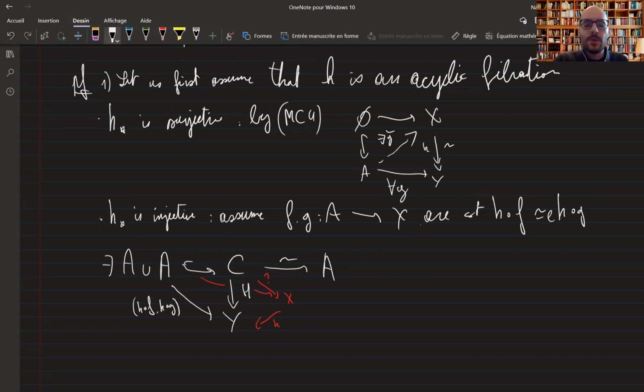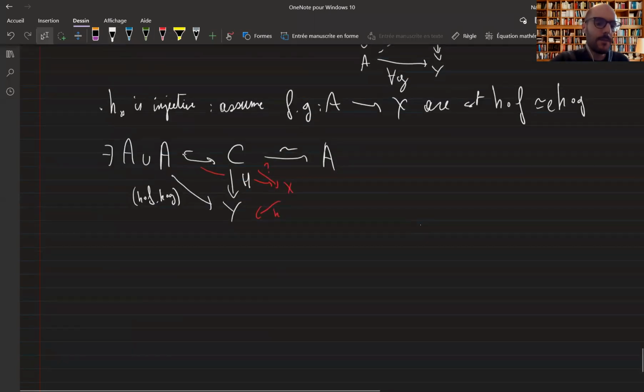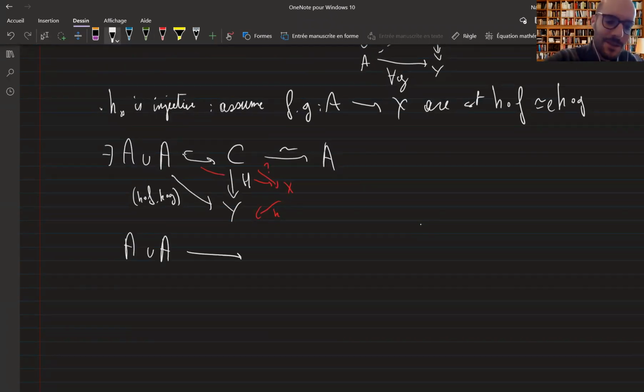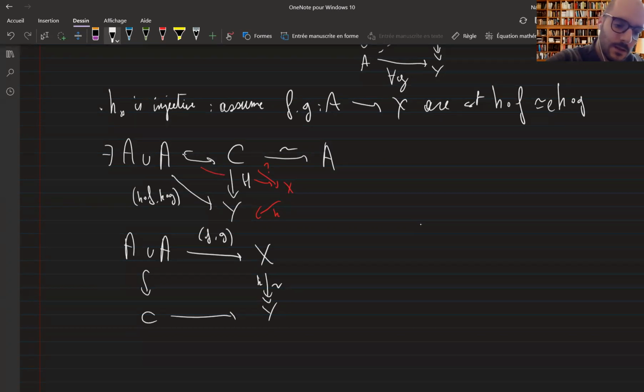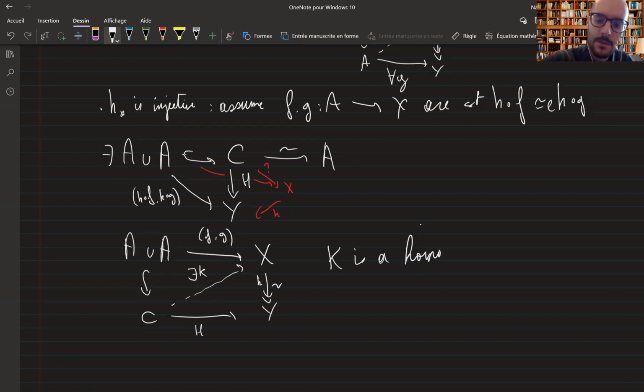So as usual, when we want to factor something, we use lifting properties. What is the lifting property we want to use? Well, we have our acyclic fibration here, and we have our cofibration here. We can lift. There exists some k here, and here this is h. And k is a homotopy between f and g.